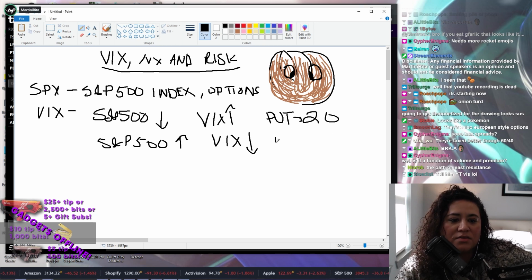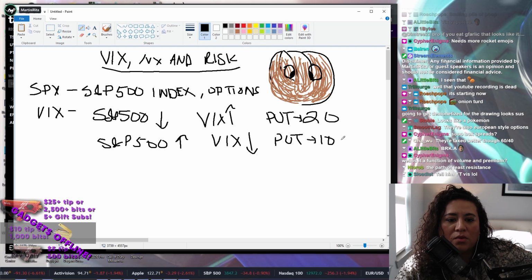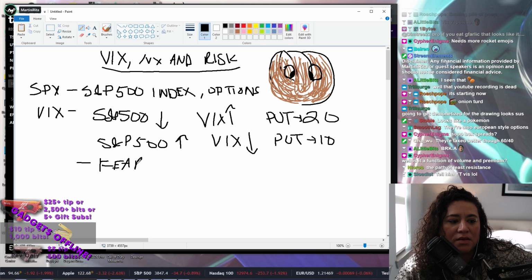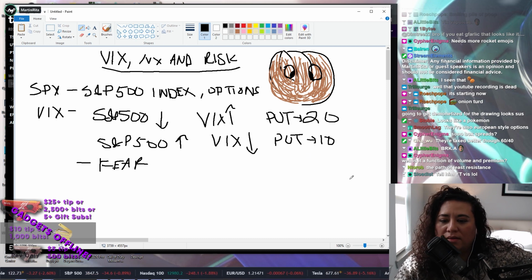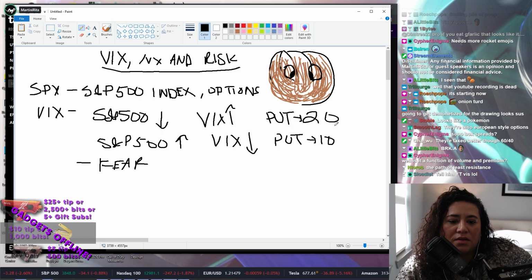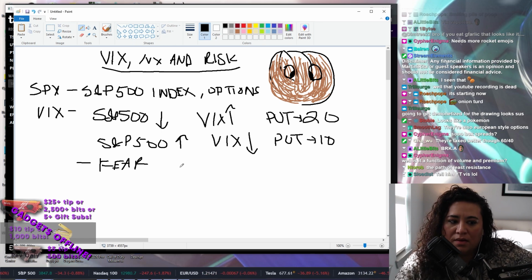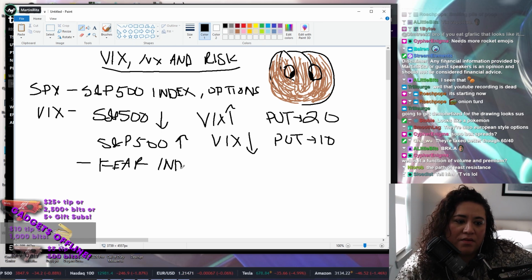When VIX goes down, the put is less expensive, like $10. So what it means is that the VIX is also an index of how much fear there is in the market, because typically what people do when they have a lot of fear is they go buy a bunch of puts. They're scared of further down movement, so they buy more puts. And so that's why it's called the fear index.